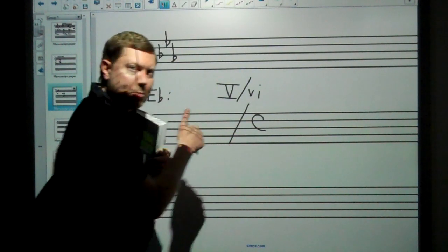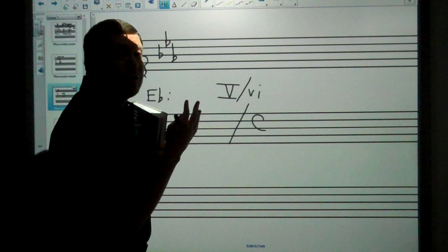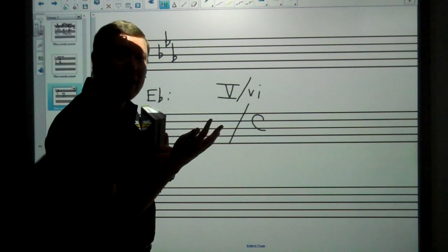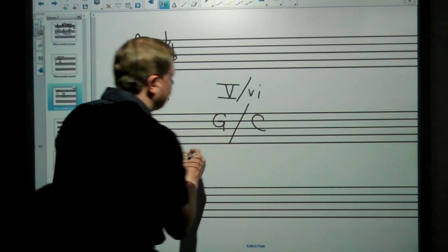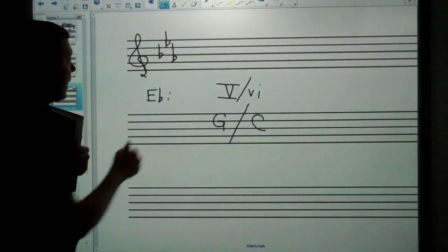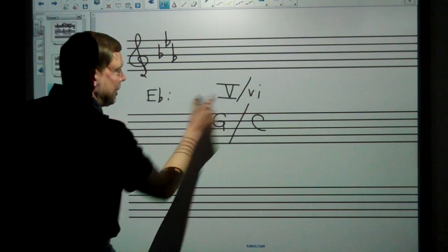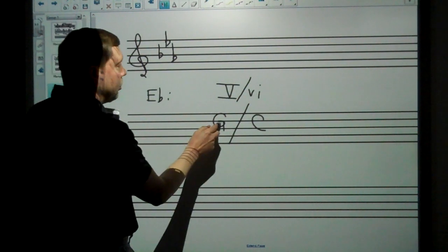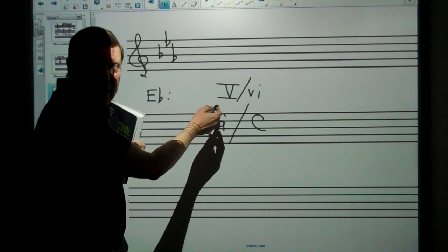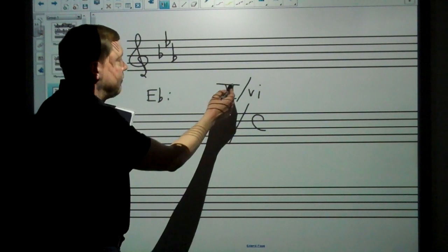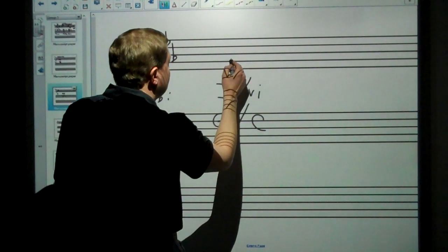Because if I go up a perfect fifth from C, then I get the note G, and G really is the root of a dominant chord to C. So I'm going to write the root of my chord that I'm actually going to spell. And I'm actually spelling this chord here, not this one. I'm spelling this one. So I write the root right here, and I know I need to spell a G major triad. Right? Because my 5 is uppercase, it's capital. Okay? So let's go ahead and do that.